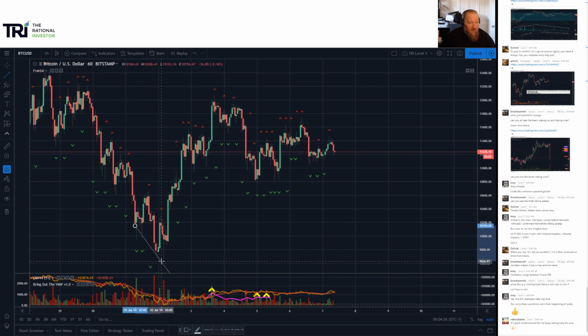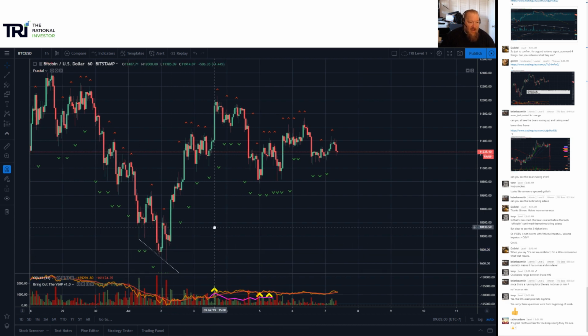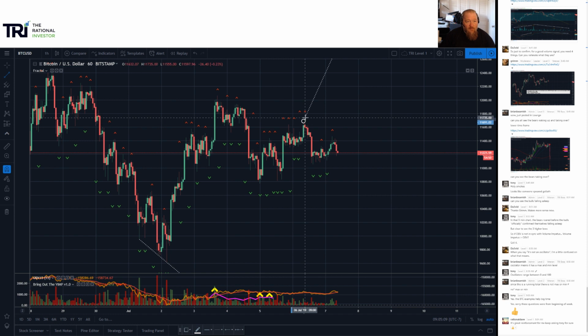We care about lower lows in price, and we want to see higher lows in the indicator, okay? When we are looking at bearish divergence, we are looking for higher highs in price and lower highs in the indicator.